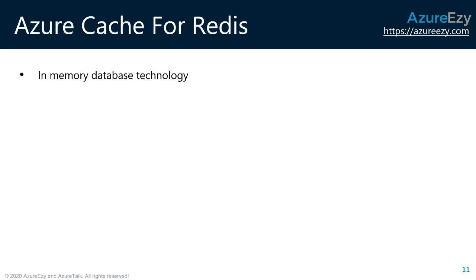Comparatively, if the same application gathers the information from memory, it is much faster. The RAM is much faster than the hard disk. Azure Cache for Redis helps with this, which is why Redis is very popular nowadays. It is an in-memory database technology, or in-memory data store technology.